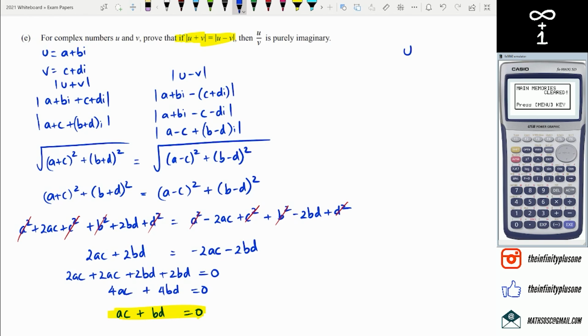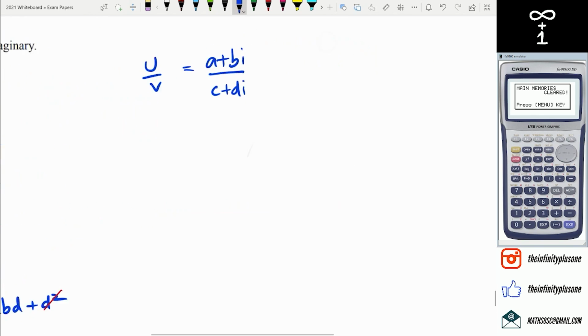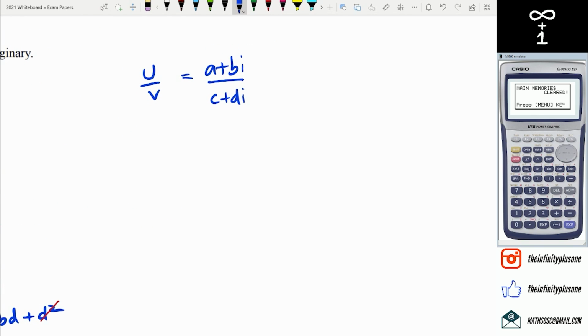So we're going to do u over v here, which is a plus bi divided by c plus di. So the first thing we've got to do is rationalize this denominator. So we're going to multiply it by c minus di, and the numerator also by c minus di. So when we do this, in the numerator we've got a plus bi multiplied by c minus di.